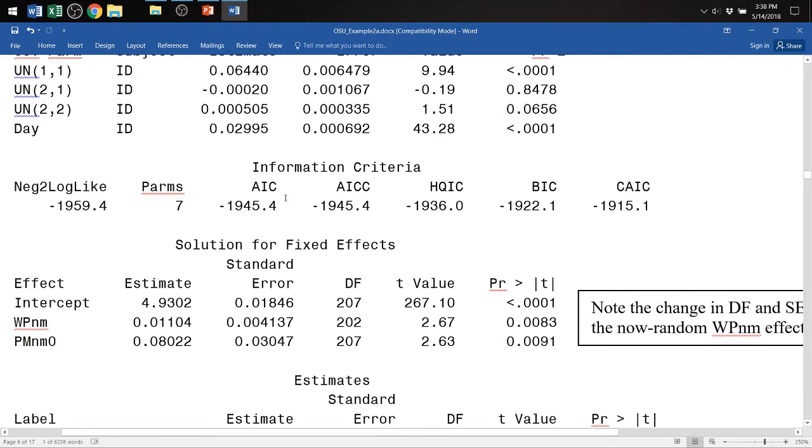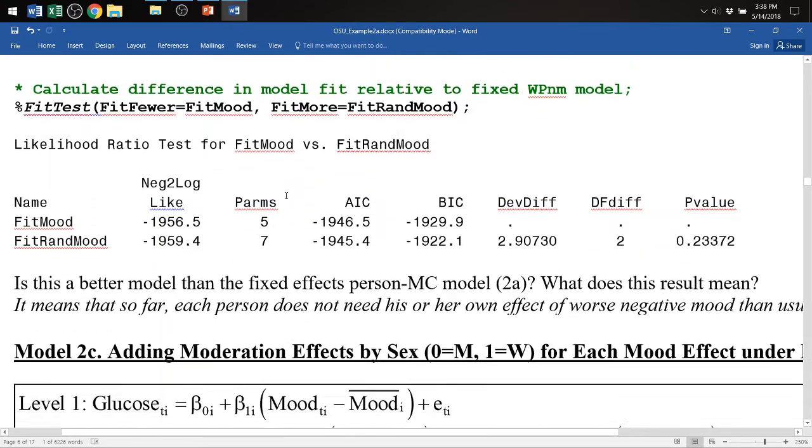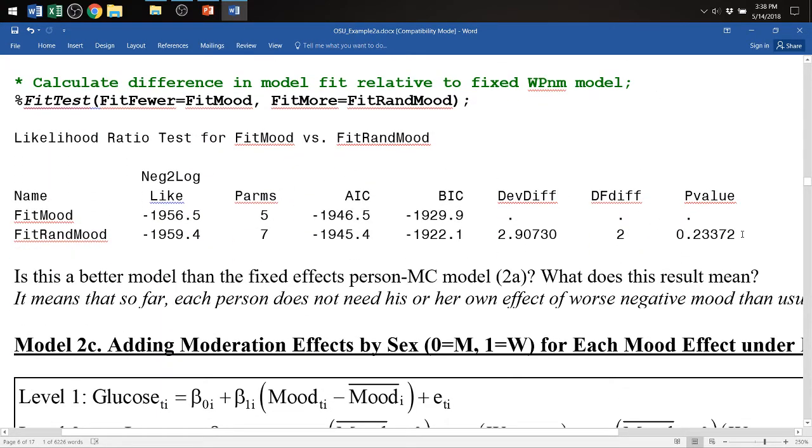Adding that random slope variance and its covariance with the random intercept, it's a -2 log likelihood difference. Survey says no. So it looks like people don't need their own within-person mood effect.